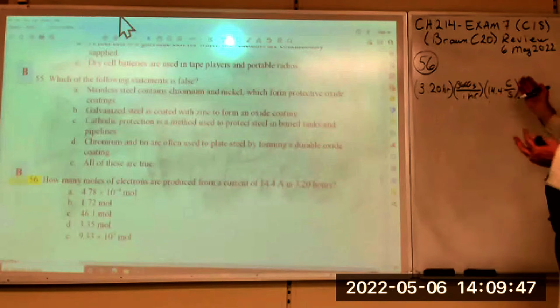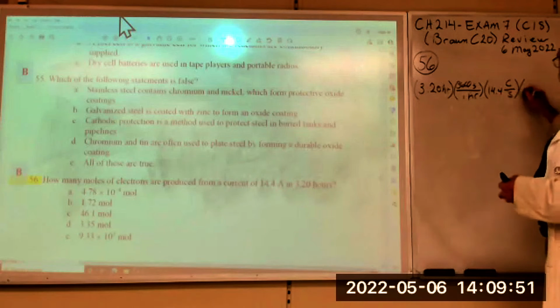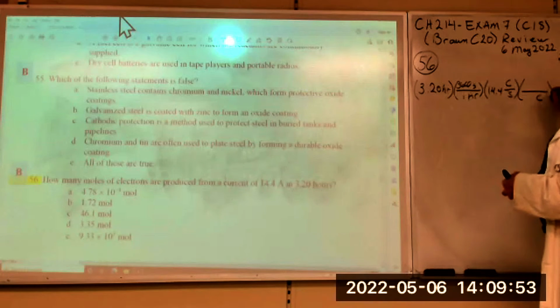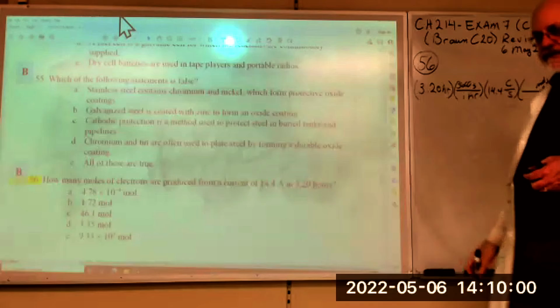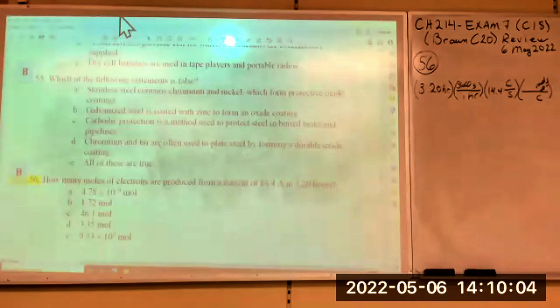But that's not moles of electrons. What we need is the Faraday constant to convert coulombs to moles of electrons. I don't have it memorized, so I gotta look it up. Let's see, I should have it right here somewhere. Where's the Faraday?